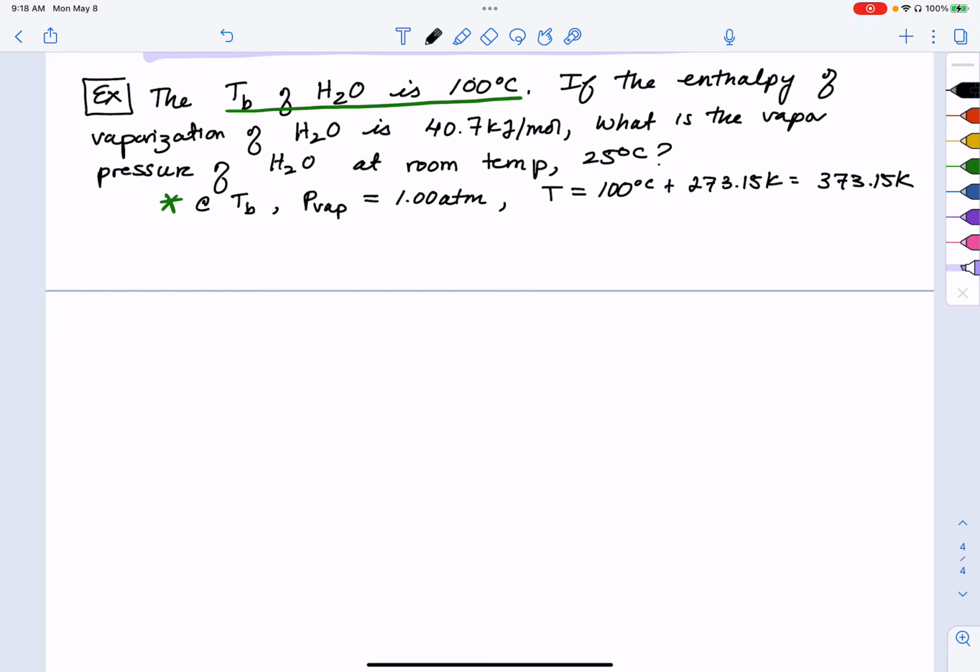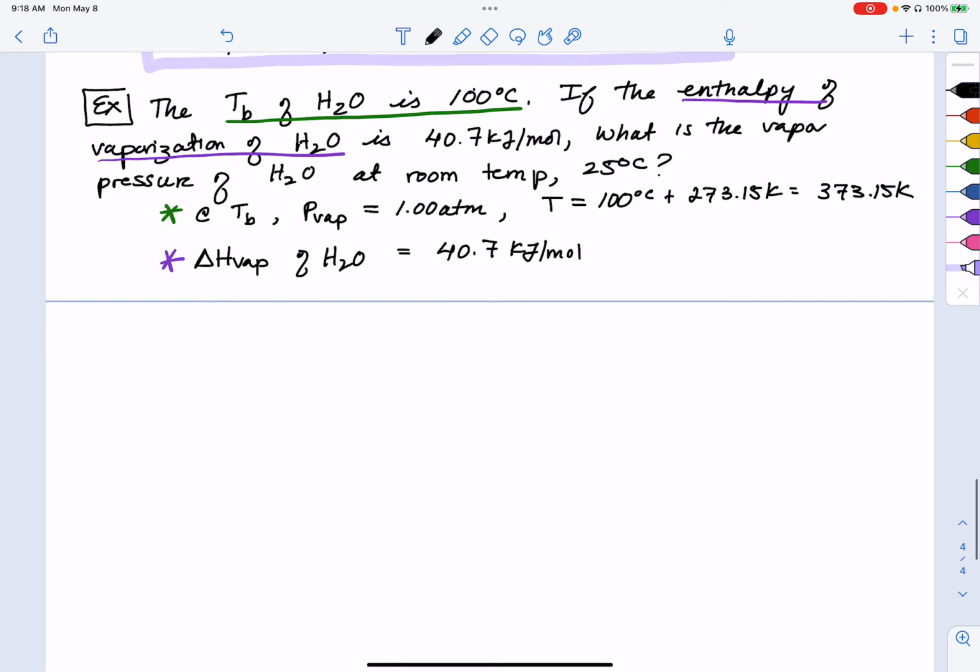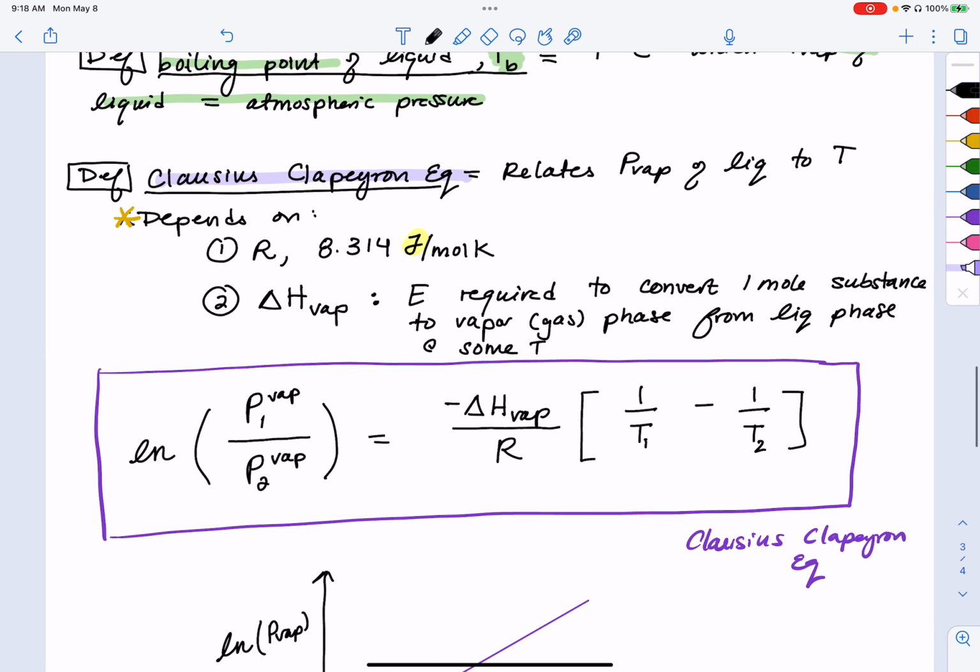All right, what else are we given? We are told the enthalpy of vaporization of water, so we know the heat of vaporization of water, this is 40.7 kilojoules per mole. And let's check the unit of our gas constant.